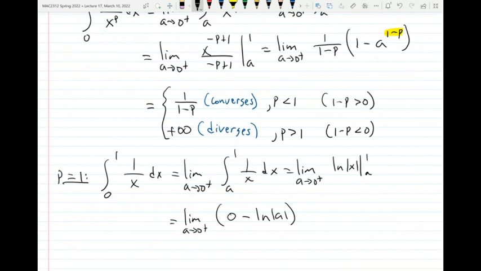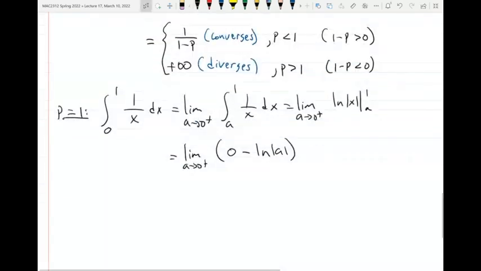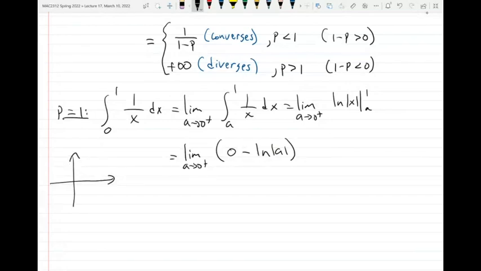Now what happens when a approaches 0 from the right? Think about the graph of the ln. How does the graph of the ln look like? Good. So this is the ln. So when your argument approaches 0 from the right, what does the function do? It goes down to negative infinity. So it's negative infinity, but we have a minus in front and that makes it positive infinity.